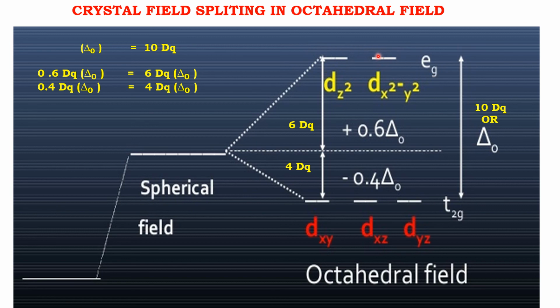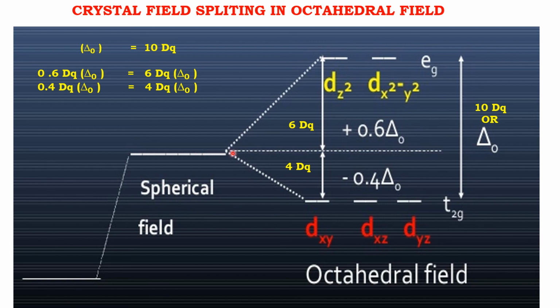I told you the total energy should be conserved. Listen carefully here. This orbital has minus 4dq. This is minus 4dq. This is minus 4dq. So in total this is minus 12dq. Okay, listen carefully. I have 3 orbitals here having energy less than the degenerate d orbital.